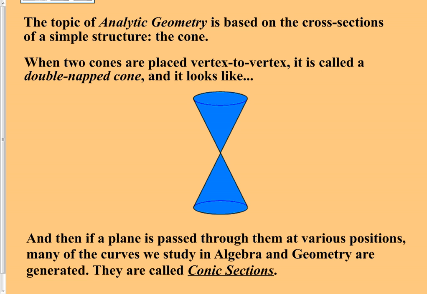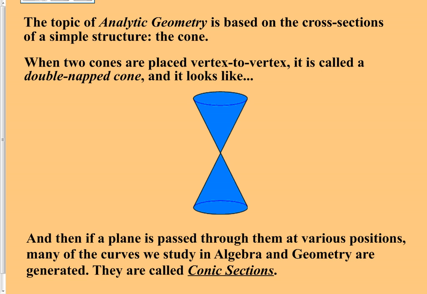So if a plane is passed through this double napped cone at various positions, many of the curves we study in algebra and geometry are generated, and they are referred to as the conic sections.